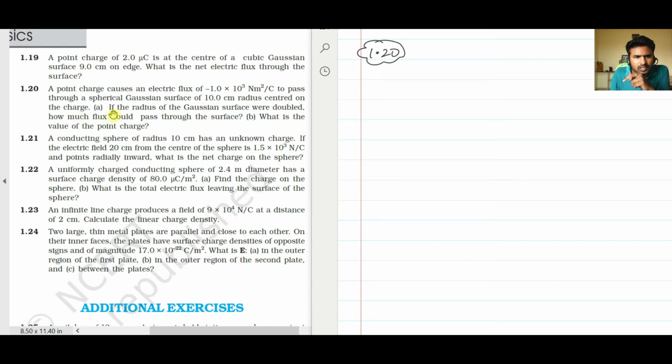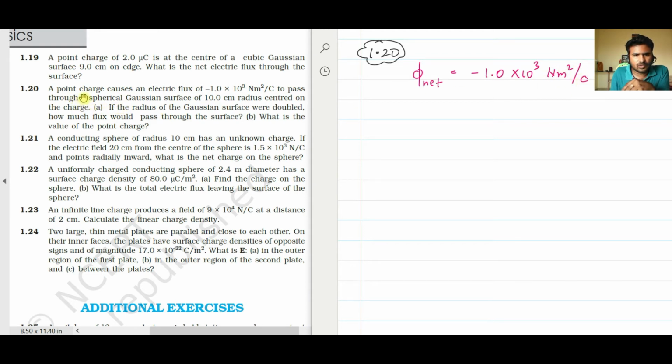If the radius of the Gaussian surface were doubled, how much flux would pass through the surface? What is the value of the point charge? Let us first find out the value of the point charge. They have given the net flux is minus 1.0 into 10 power 3 Newton meter square per coulomb.